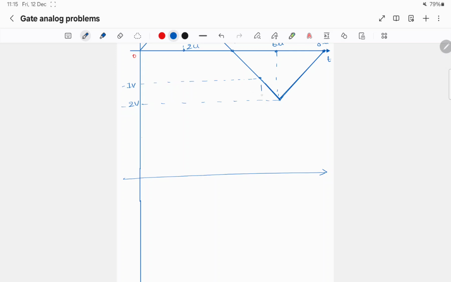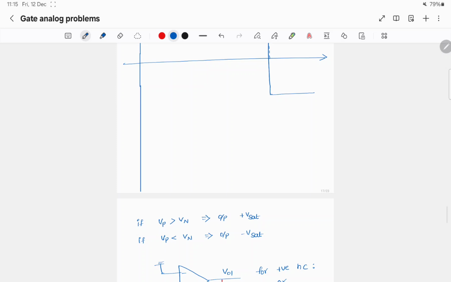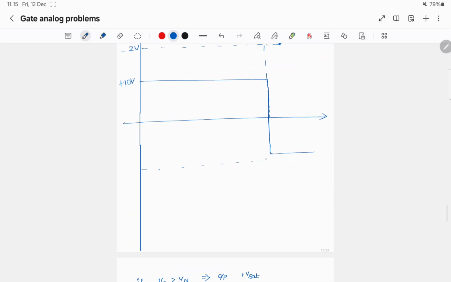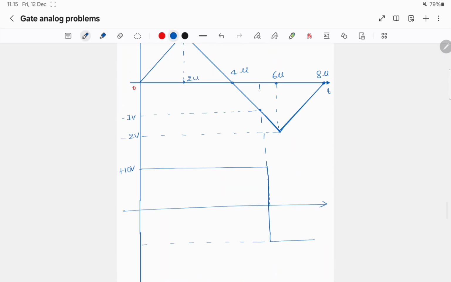So till this point, let us say this is positive Vsat, plus 10 volts. This will be 5 microseconds.